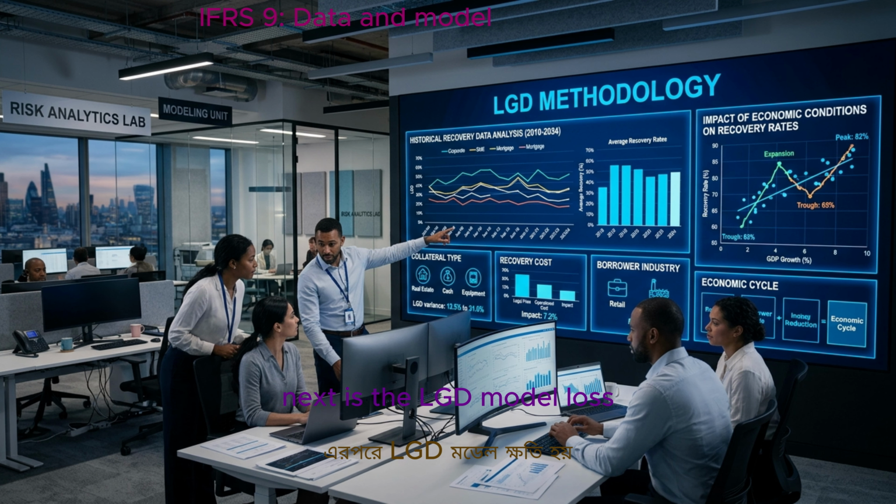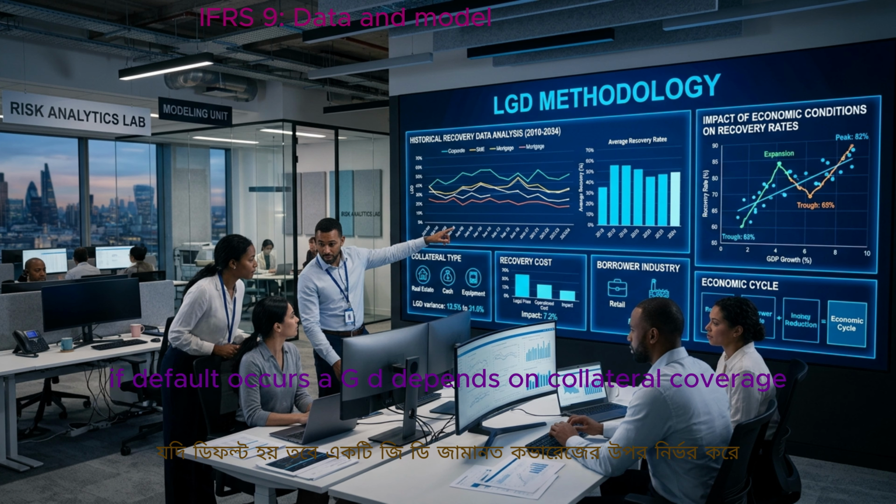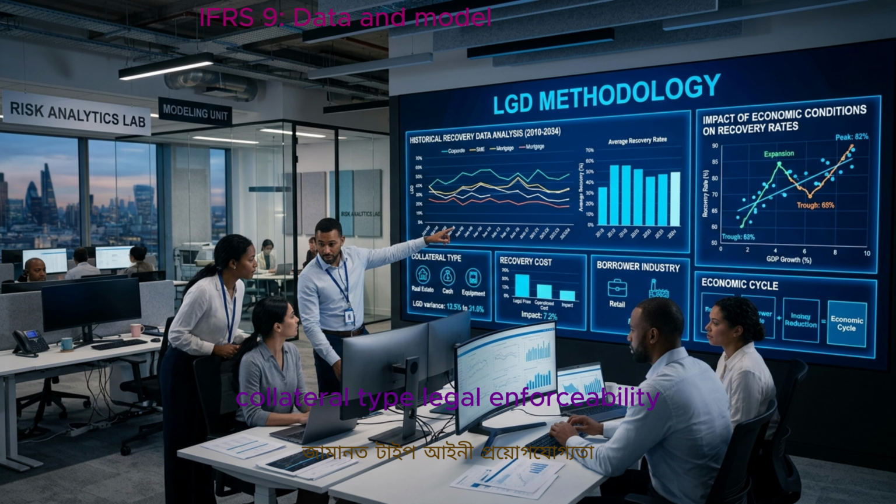Next is the LGD model. Loss given default estimates the percentage of exposure that the bank expects to lose if default occurs. LGD depends on collateral coverage, collateral type, legal enforceability, recovery experience, recovery cost, time required for recovery, seniority of claim, and economic condition.